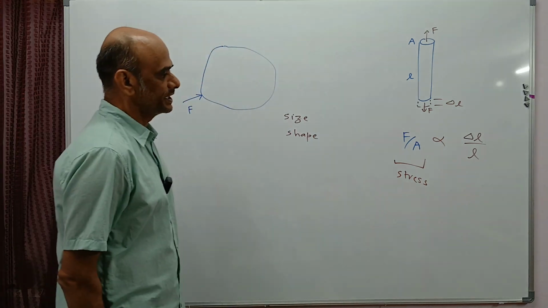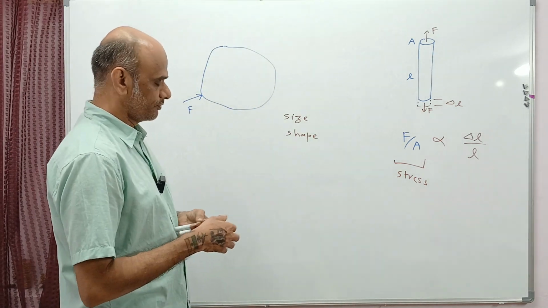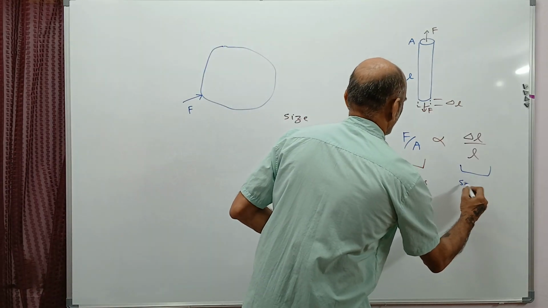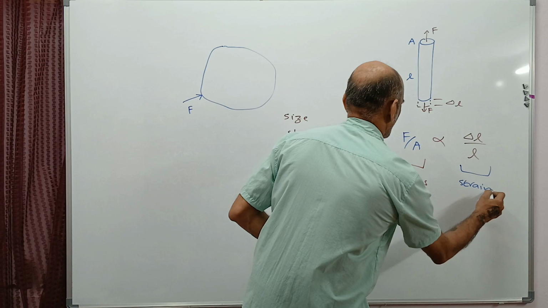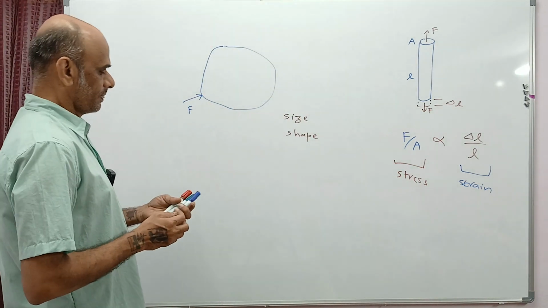Stress is force per unit area. And delta L by L, which is the measure of deformation, is strain. So stress is proportional to strain.